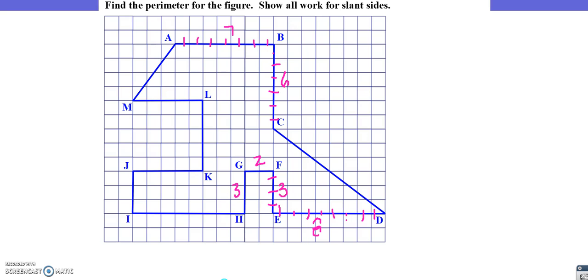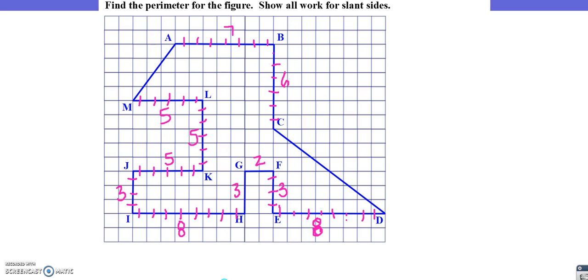Now I'm going to count segment HI. 1, 2, 3, 4, 5, 6, 7, 8. 1, 2, 3 on this left side. 1, 2, 3, 4, 5 on the next three sides. Notice how I'm labeling the side of the image itself. We don't want to have to try and keep track of all of those numbers.